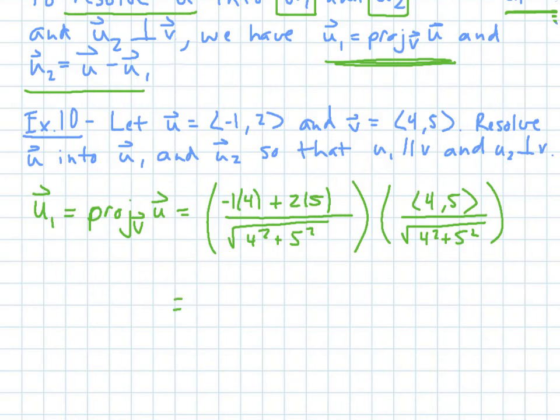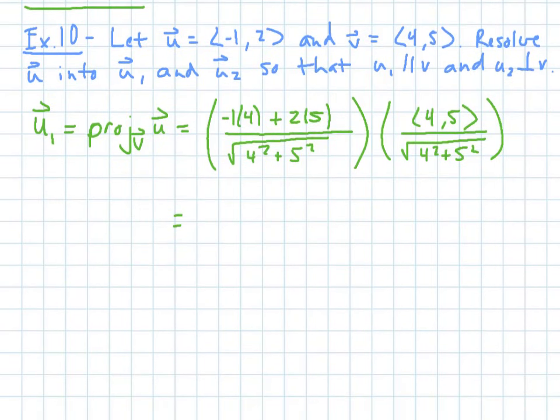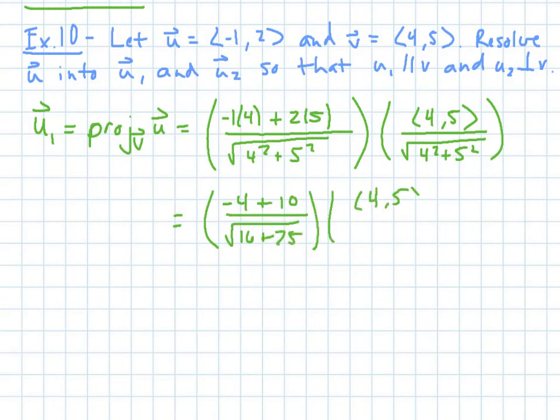Okay? So now I need to simplify. -1 times 4 is -4, plus 2 times 5 is 10. And then at the bottom, 4 squared is 16, plus 25. Nothing to do with the numerator here, but same thing, 16 plus 25.